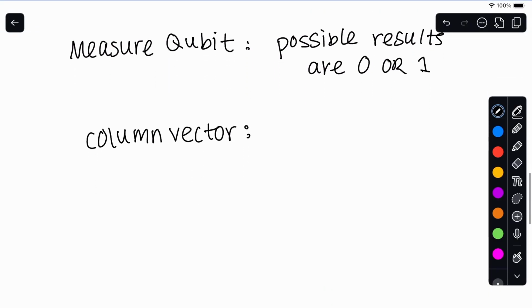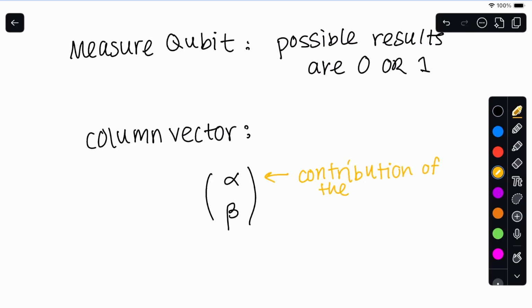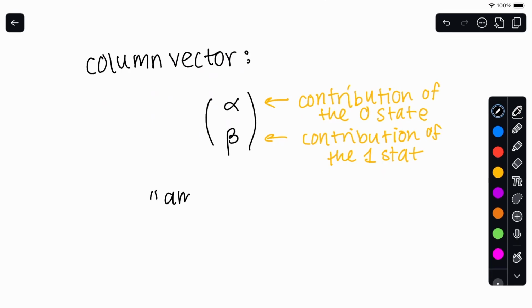And we have 2 possible measurement results, so we need 2 probabilities to encode. And so our wave function will look something like this, where the upper component is the contribution of the 0 state, and the second number is the contribution of the 1 state. And we call alpha and beta amplitudes.